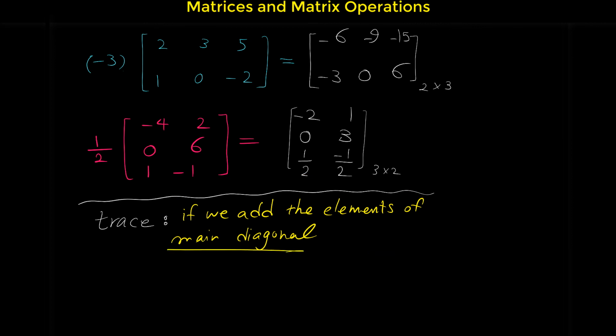And because the diagonal is defined for only square matrices, the trace can only be defined for square matrices.